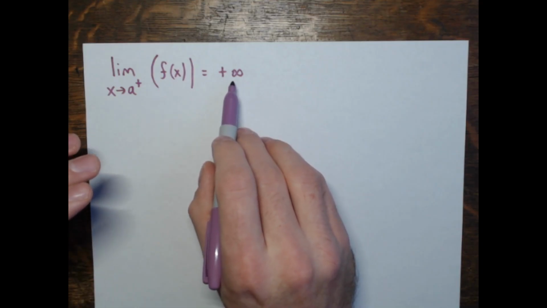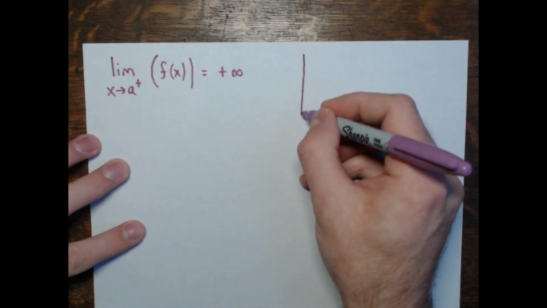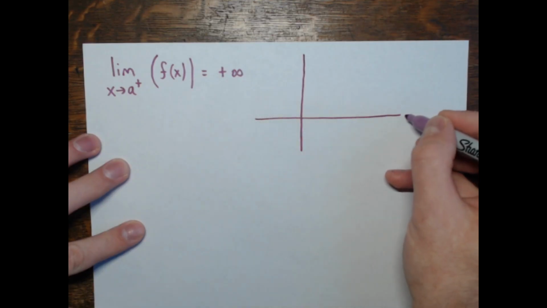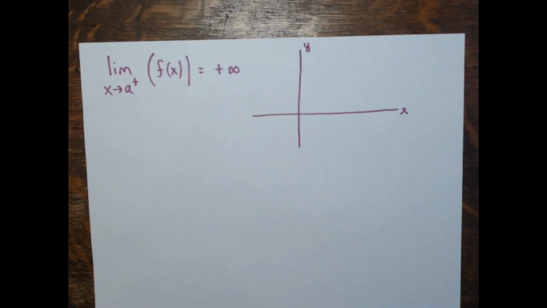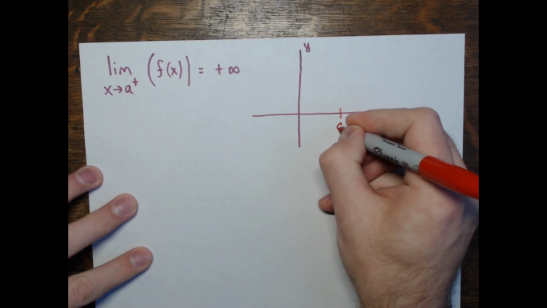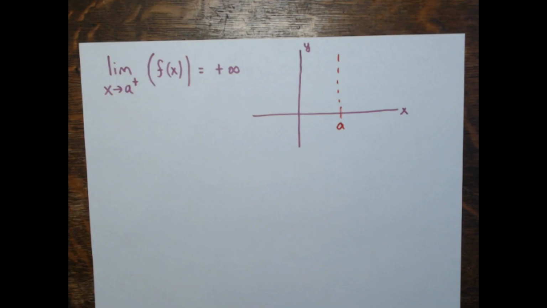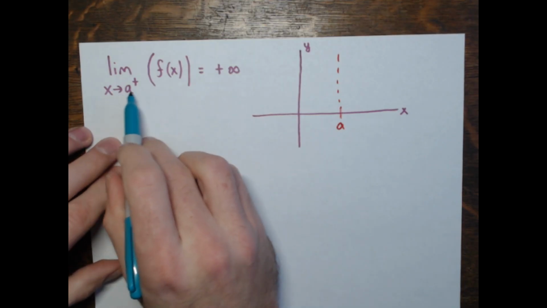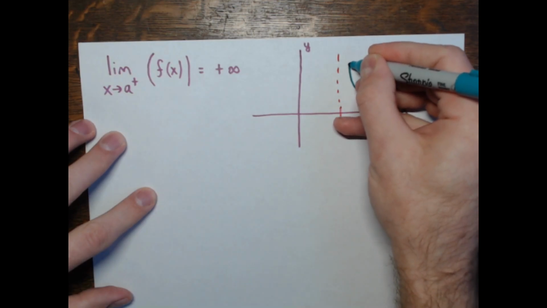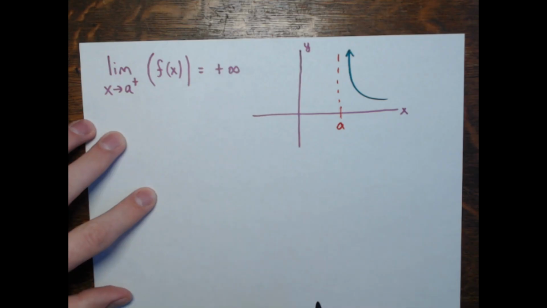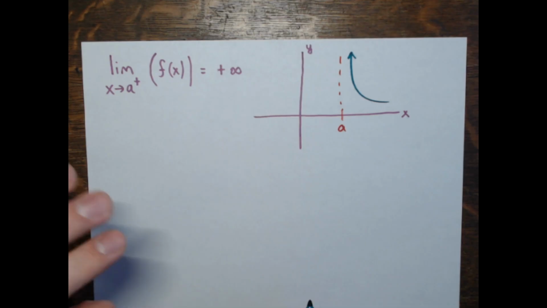So you could still say that the limit doesn't exist, but they're going to have you put in infinity or negative infinity just to indicate which direction the graph is going in as you approach a. Here's a little vertical dotted line, and this is telling me that as I get closer to a, the graph of my function is going higher and higher forever. The outputs are getting larger and larger, going to infinity.